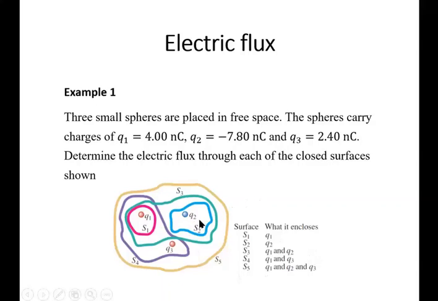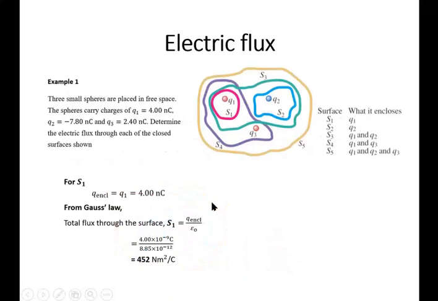So we are going to apply Gauss law to find the fluxes going through the surfaces. Let's take the first surface, S1. This is S1, in pink color. It encloses charge Q1, which is 4 nanocoulomb.